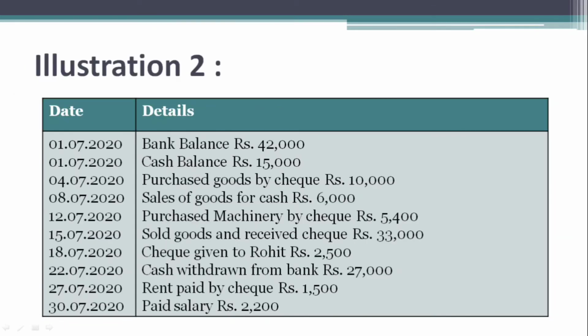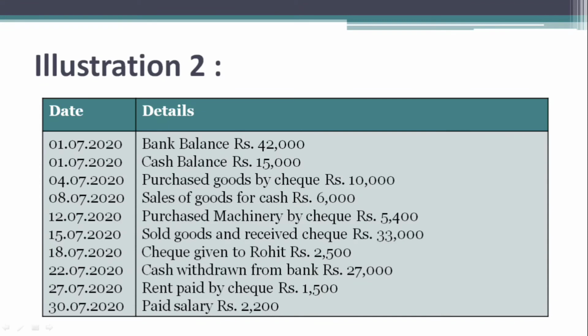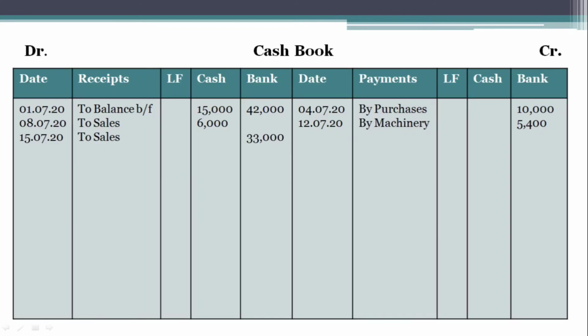Purchased machinery by check rupees 5,400. So again it is clearly mentioned by check, so we write here by machinery rupees 5,400 in the bank column. Next, sold goods and received check rupees 33,000. So as we already did, to sales rupees 33,000 but in the bank column.